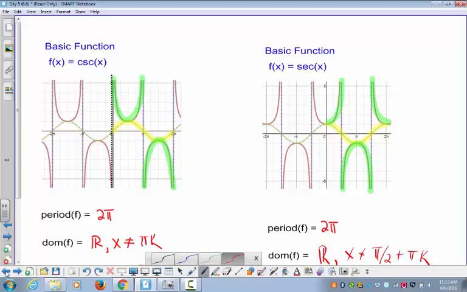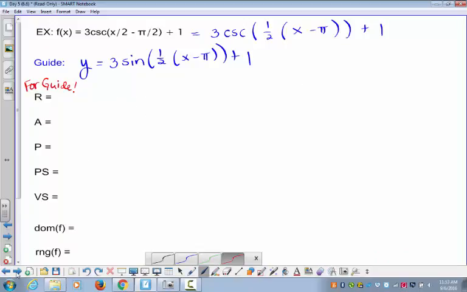And if you look at either cosecant or secant, they go up forever and they go down forever. So it doesn't make any sense to talk about amplitude for secant or cosecant. But we have to draw the guide, and the guide definitely has an amplitude. So when we put amplitude here, it's going to be for the guide because we have to start at the guide. So that A will be for the guide.